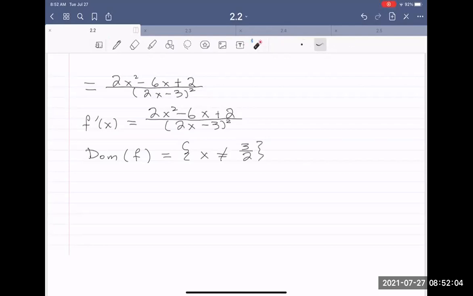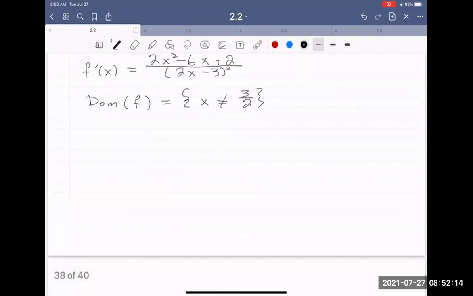And as far as the derivative, it's another rational function. So again, you don't want to divide by 0. So the domain of f prime is again the set of all x's not equal to 3/2.